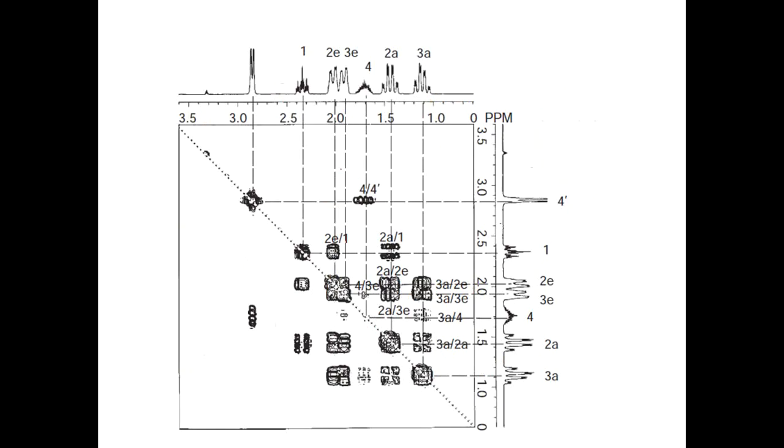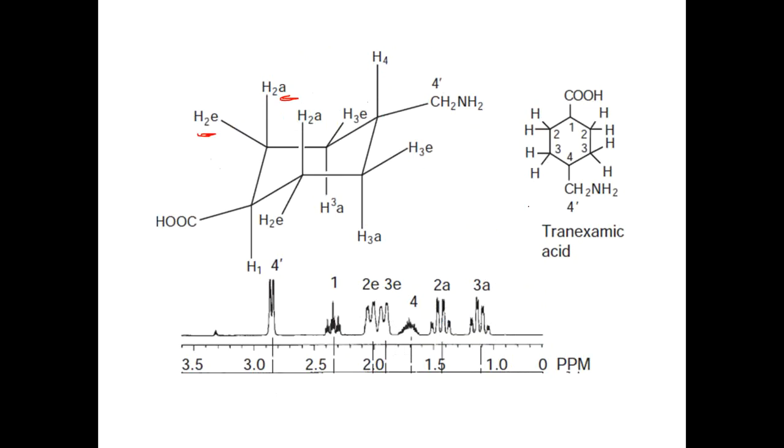If you see the correlation 2D NMR spectra for this tranexamic acid, you can see how the equatorial proton is interacting with other protons. For this particular proton, you can see how it is interacting with 4 and 4 prime. What are 4 and 4 prime? 4 prime is this CH2 proton, and 4 is this proton.